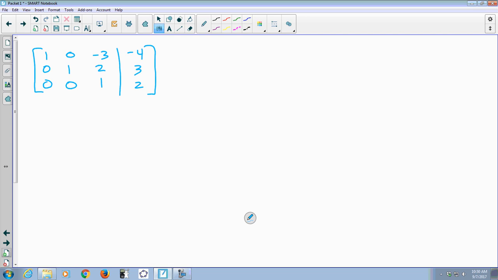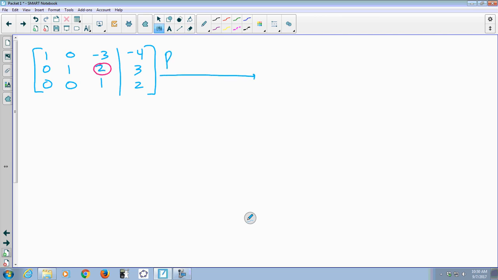Okay, so I'm going to start with the third column and I'm going to knock out this 2. I have 2 things I need to turn into 0s, so I'm going to do 2 separate steps here. First, I'm going to work on this 2. I would like that to be a 0. So it's row 2 that needs to change.